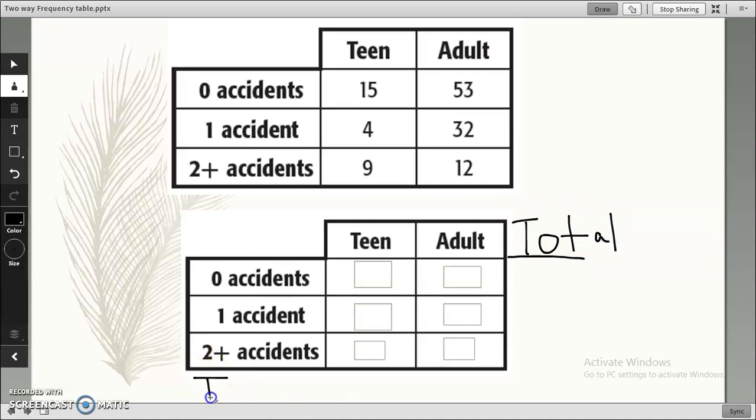And then the total here for my marginal. And so everything will be divided by 125.